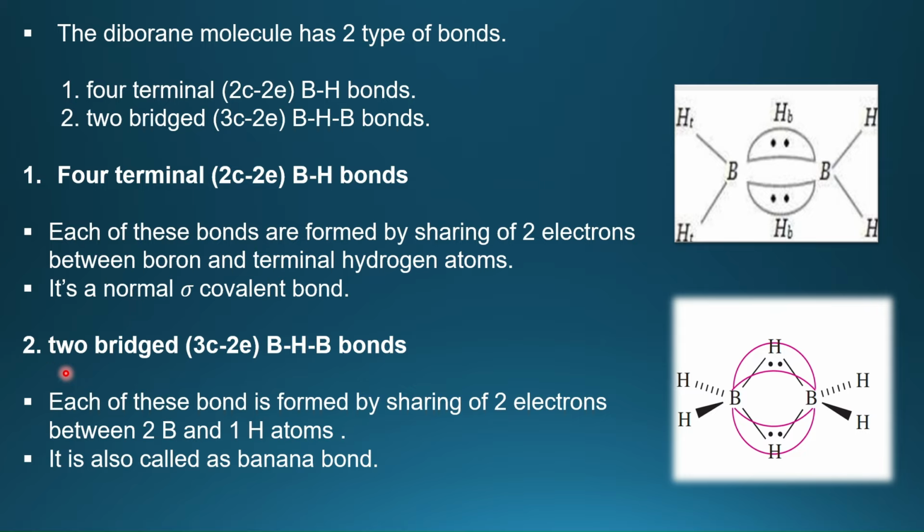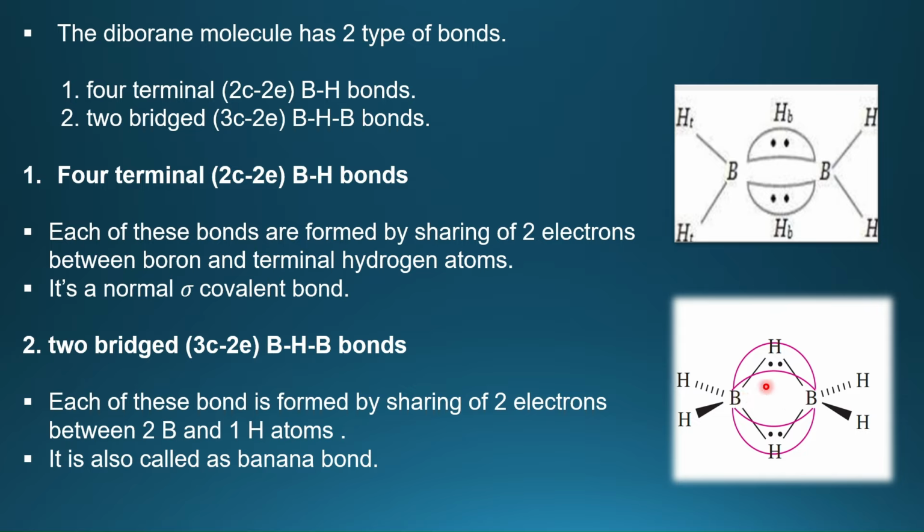Then second is two bridged, that is three-centered two-electron boron hydrogen boron bonds. Each of these bonds is formed by sharing of electrons between two boron and one hydrogen atoms. It is also called a banana bond.